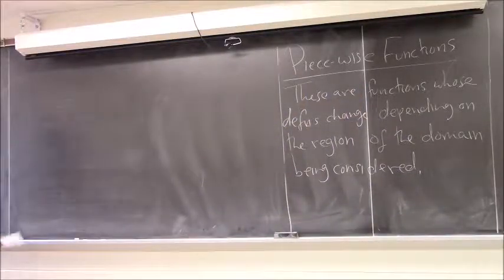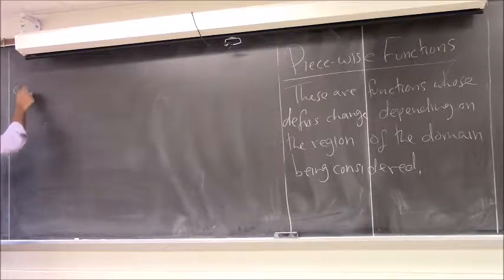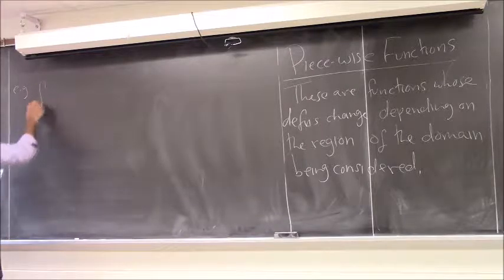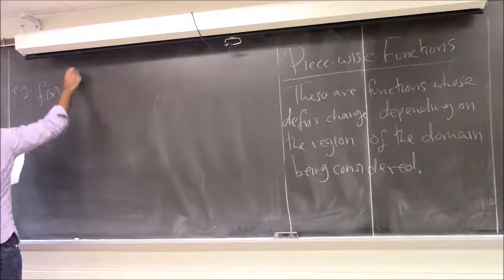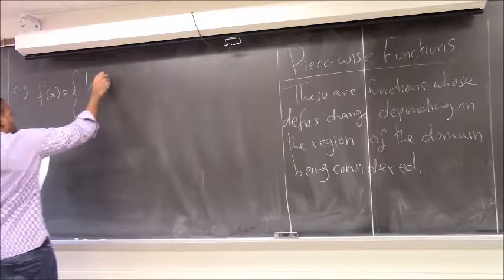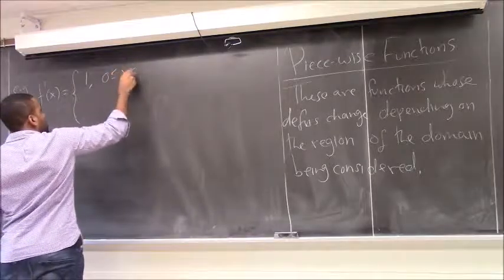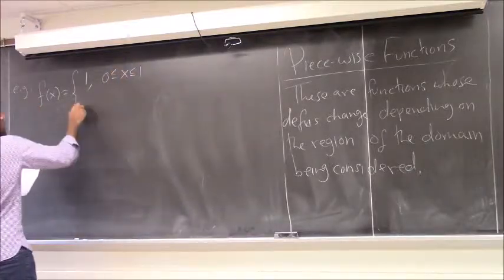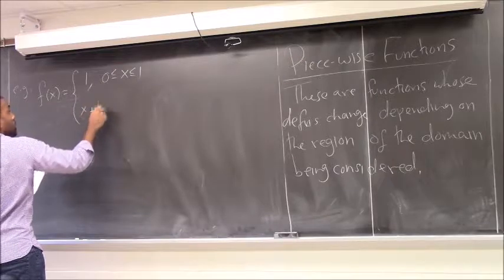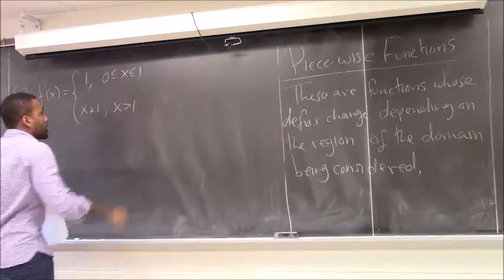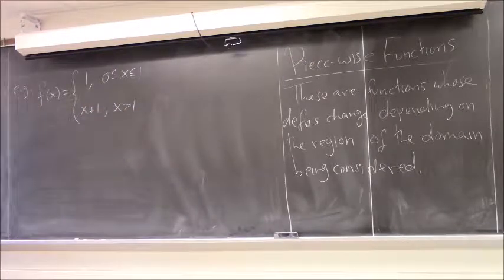For example, f of x equals 1 if your x values are between 0 and 1 inclusive, and x plus 1 if your x values are greater than 1. This is an example of a piecewise function. This is the typical notation.